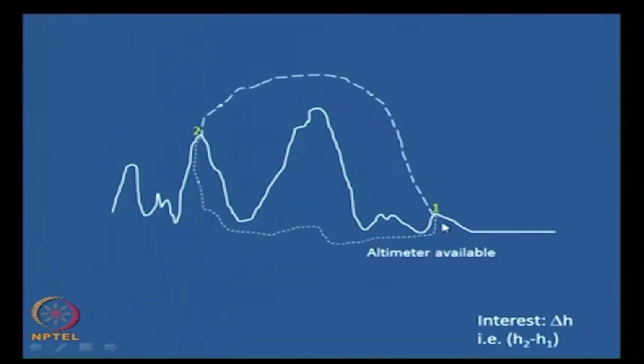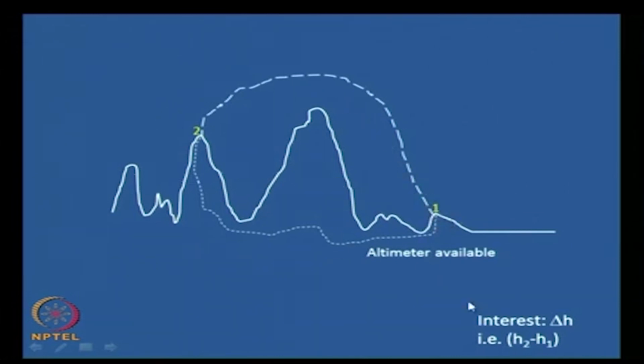But let us say only in this particular way, shown by this dotted line here, we have an altimeter available to us. Let us say that there is an altimeter shop right at the beginning of that path. Let us assume, not very realistic, that the altimeter is not available in any of the other paths.